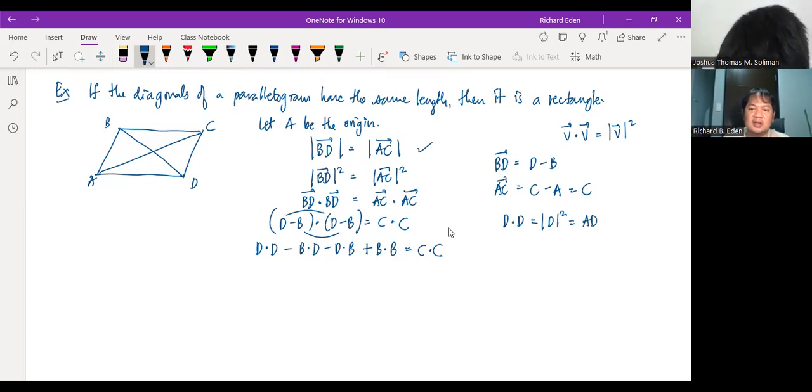Kasi AD is, all right. Either if I put the arrowhead, it's going to be no different naman. The length of segment AD and the length of vector AD, they're the same. So here we have AD squared minus 2 times B dot D plus AB squared equals AC squared.